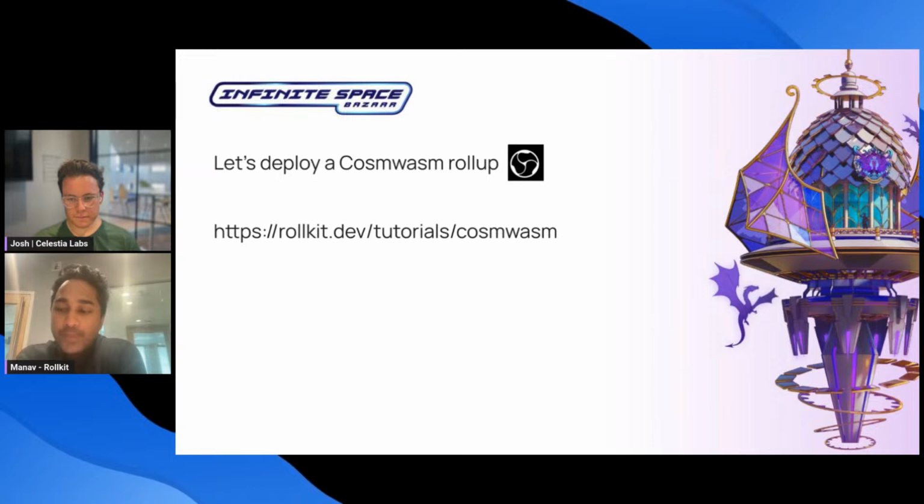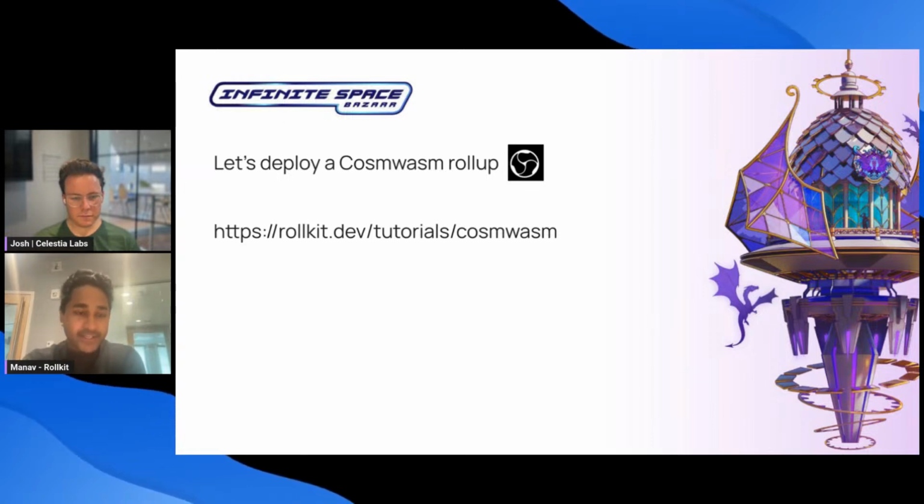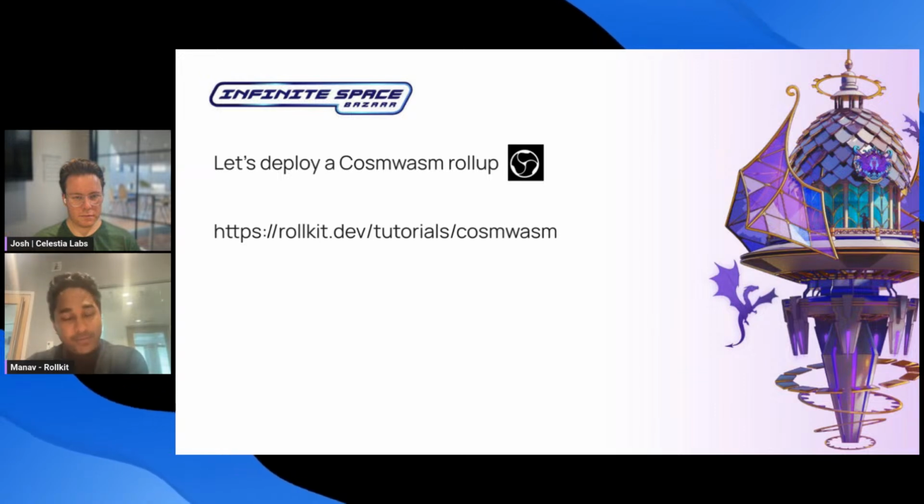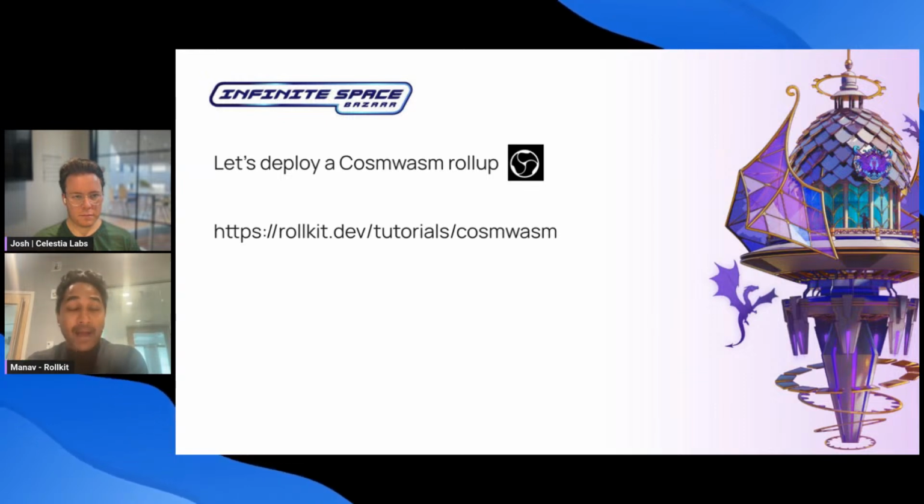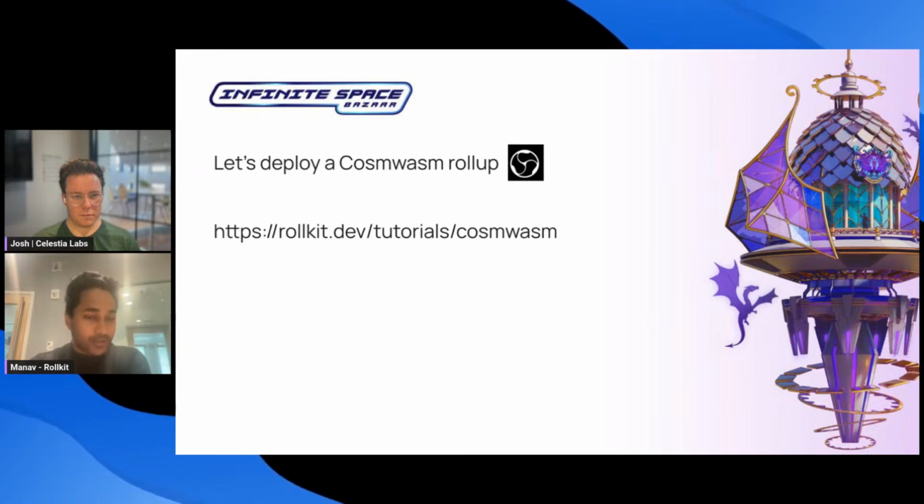A Cosmos SDK chain like Osmosis, or any Cosmos SDK chain that exists, right now the most popular option for their consensus mechanism is Comet BFT. The Cosmos SDK app talks to Comet BFT via an interface called ABCI.